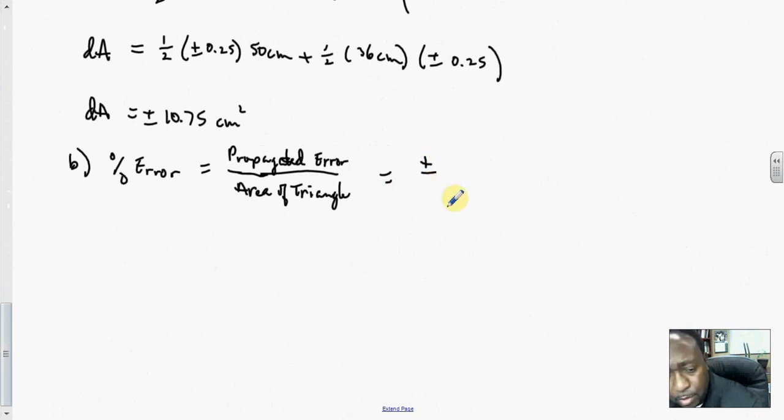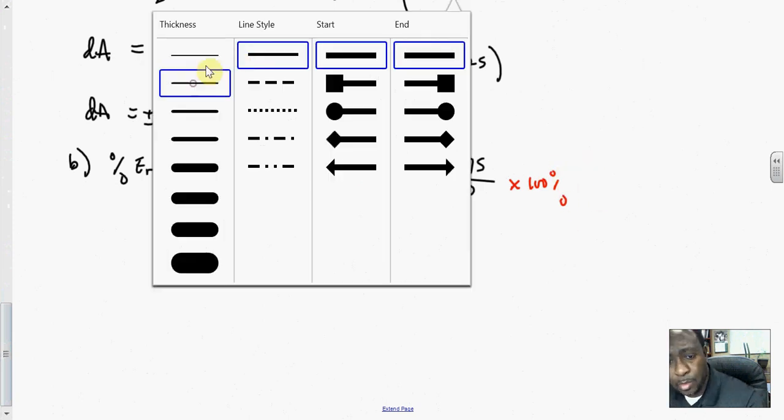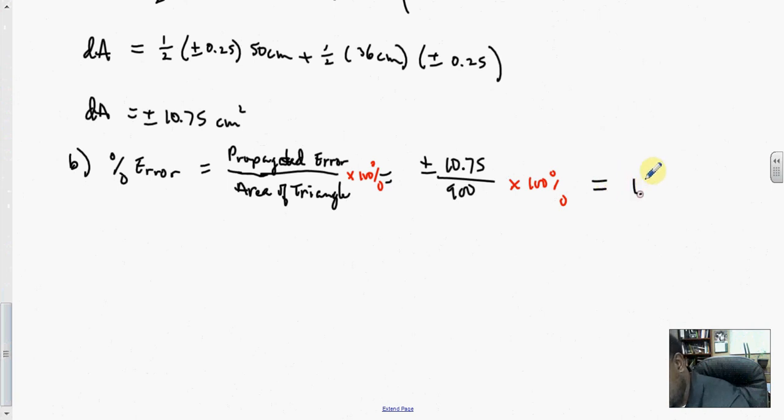So we have plus or minus 10.75 all over 900, and it gives us 0.01194, and of course times 100%. So we get 1.194%. Okay.